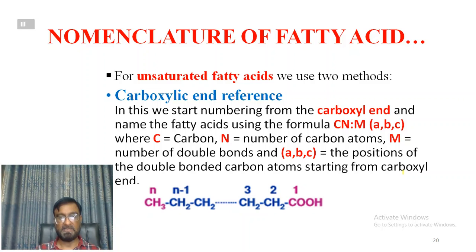The position of the double bond carbon atom is counted starting from the carboxyl end. This is the first carbon, this is the second carbon, this is the third carbon, and so on.